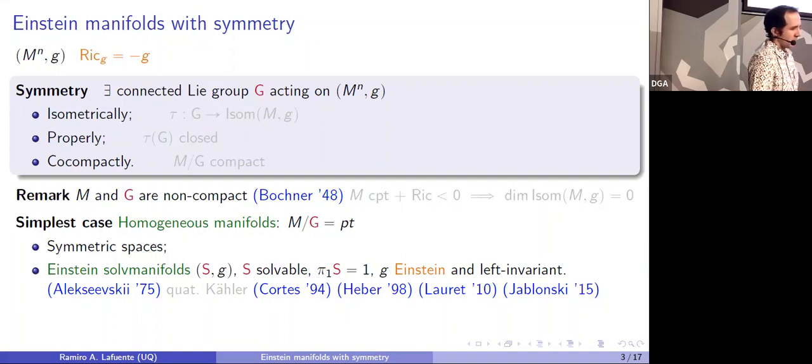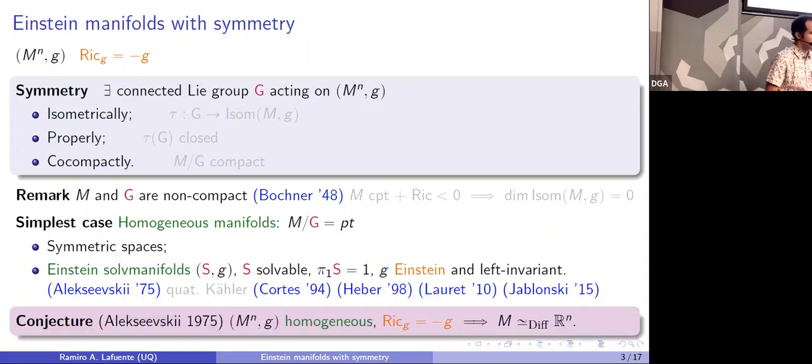Now, the main question about these homogeneous Einstein manifolds of negative scalar curvature was this conjecture by Dmitry in '75, which says the following. So, a solvable Lie group which is simply connected, it's an exercise in this theory, you can prove that the underlying manifold is R^n. You can prove it by induction, right?